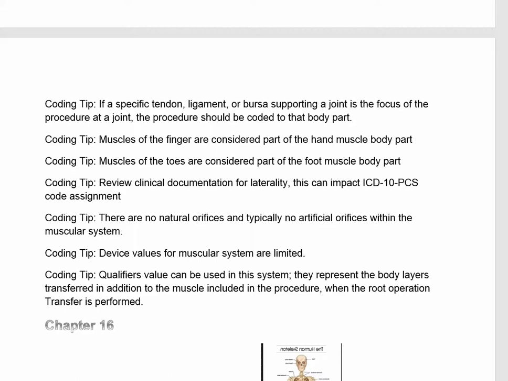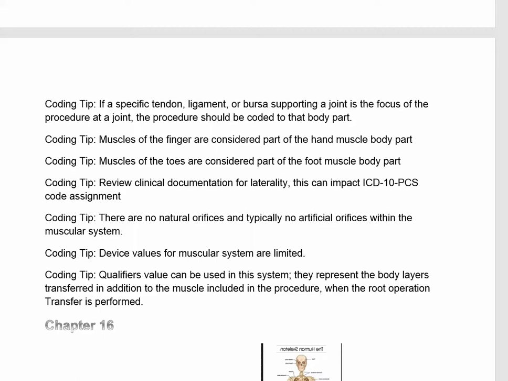Right foot, right elbow? Where did this muscle lie on this patient, right side versus left side? And if it's bilateral, that's also important, because if we can't capture bilateral in our code assignment with one code, we have to assign two codes, one for the right side and left side.